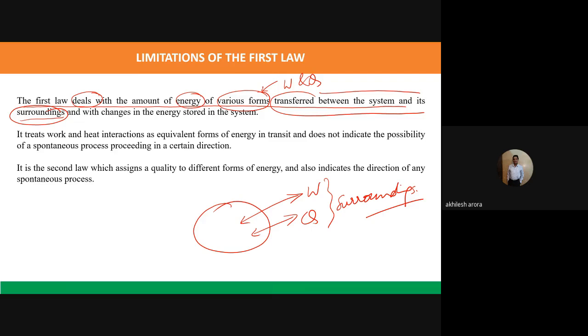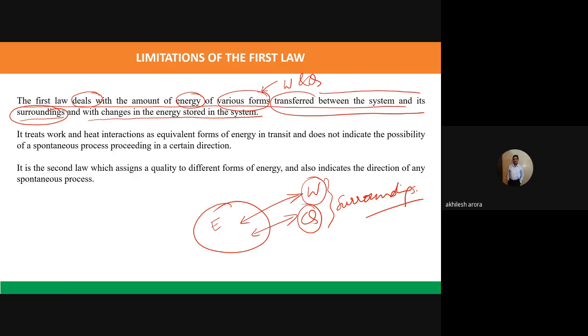Okay, with changes in the energy stored in the system. So naturally, if there is interaction with the surroundings, and we have both W and Q simultaneously appearing, then if there is some energy, that energy will be either stored here or will be reducing within the system.